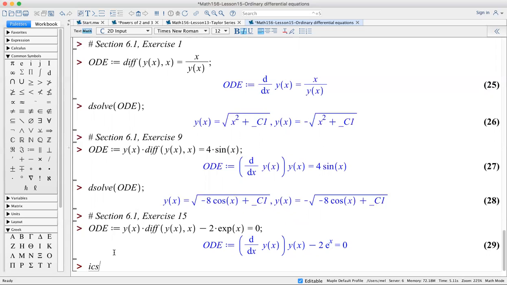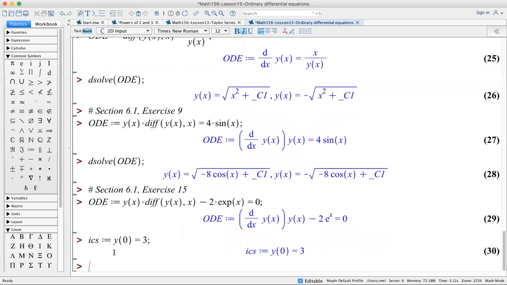And I have an initial condition, which is that y of 0 is equal to 3. So dsolve the initial condition and the differential equation.